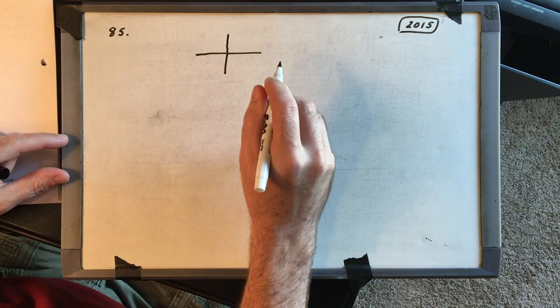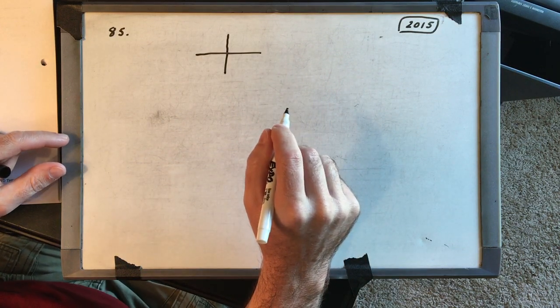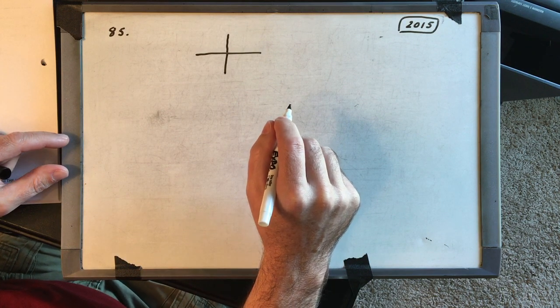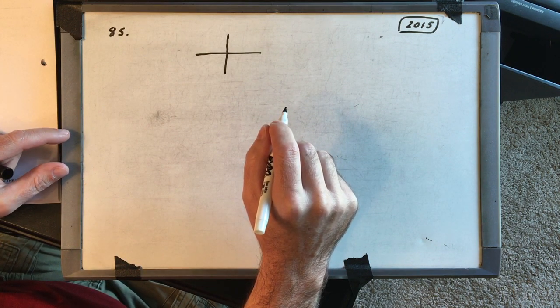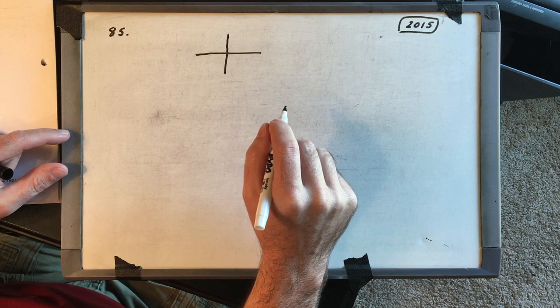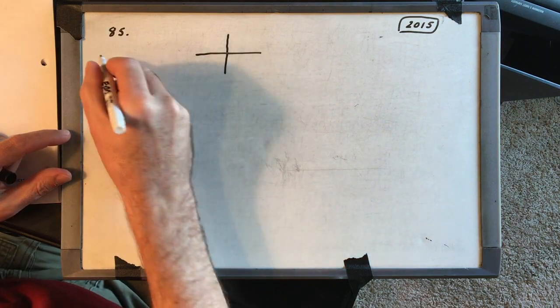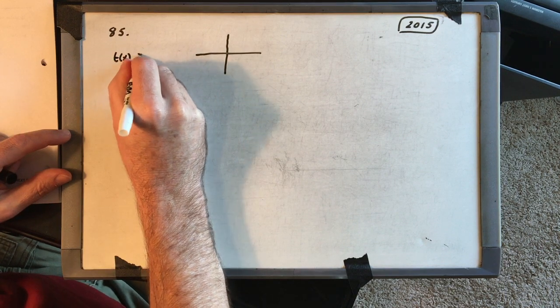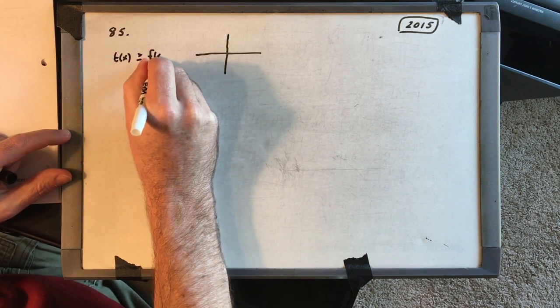I know that the tangent line is always bigger than f of x. So t of x is always greater than or equal to f of x.